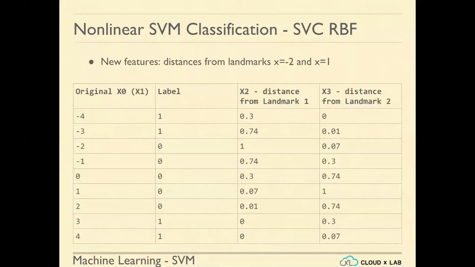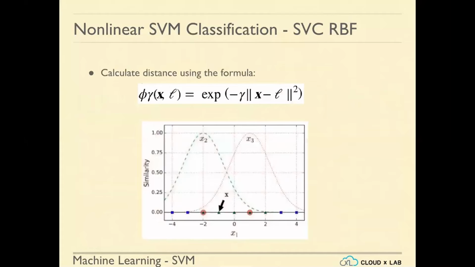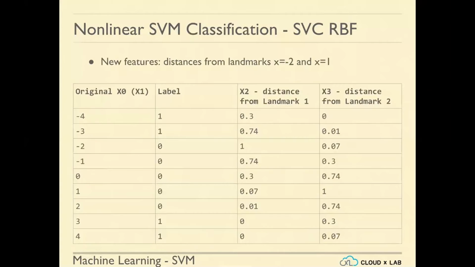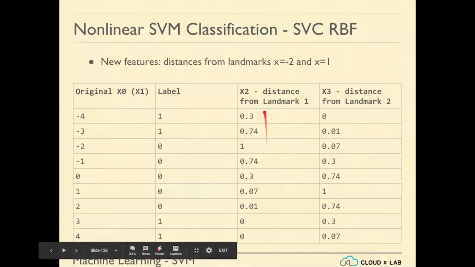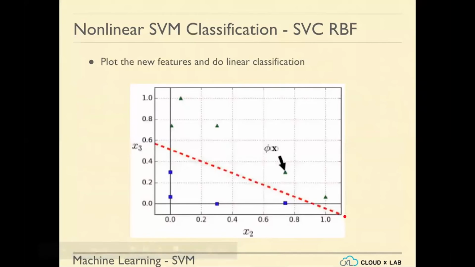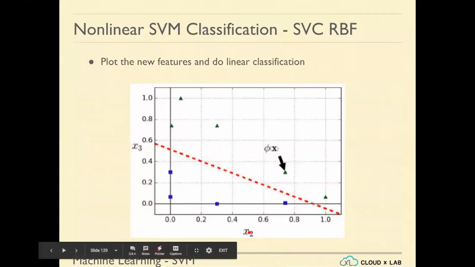Now the question always remains: who will be the landmark? Should we take x2 as the landmark or x3 as the landmark? This is where the feature distance, or the similarity we have put down, comes into play.